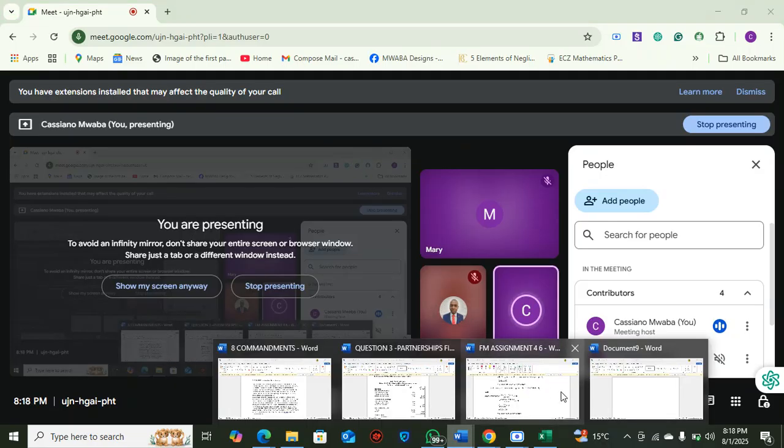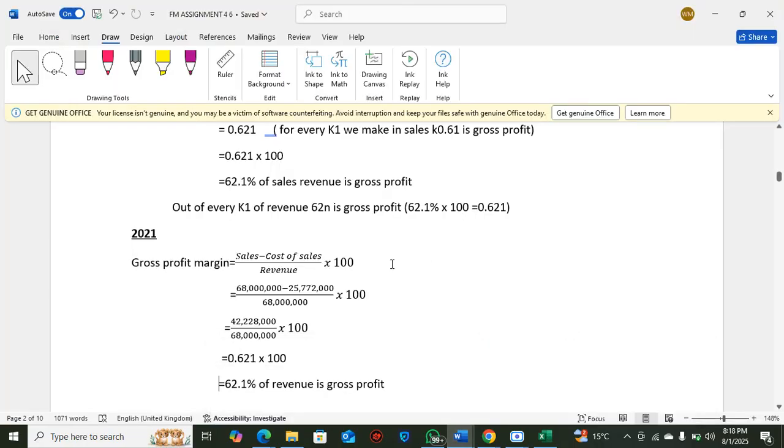Another important thing: if a company wants to increase its gross profit margin, what do you think should be done? There are two things that can be done. Either you increase your sales revenue.